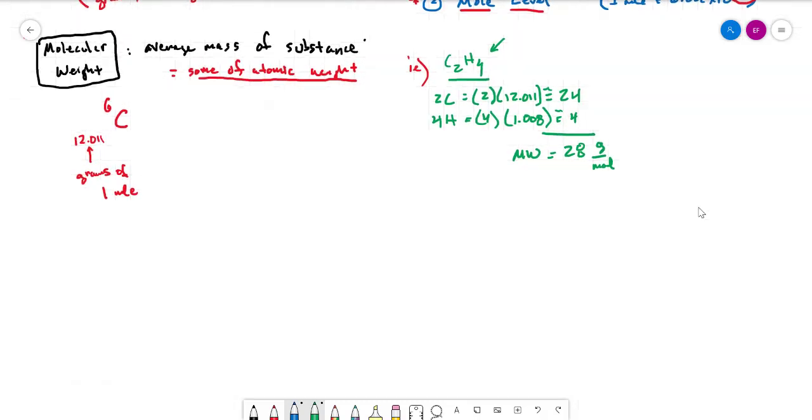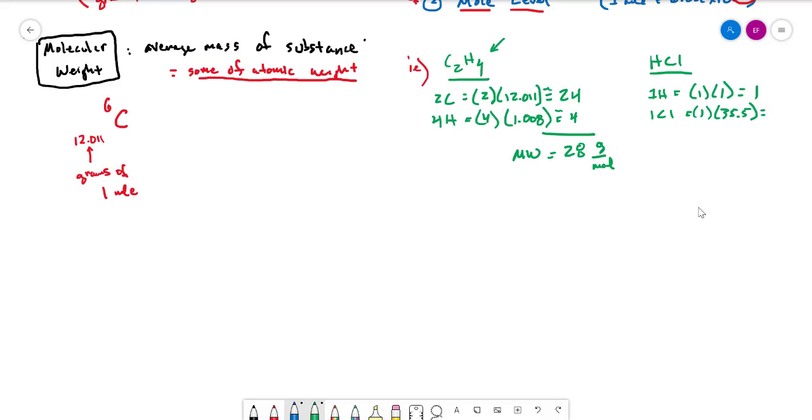We can do the same thing for HCl. We'll do that over here. So HCl, we've got 1 H, which is 1 times roughly 1, gives us 1. And we've got 1 Cl, which is 1 times roughly 35.5. I'm not being cautious with sig figs here just for illustration purposes, but in reality we'd want to keep track of all of these.